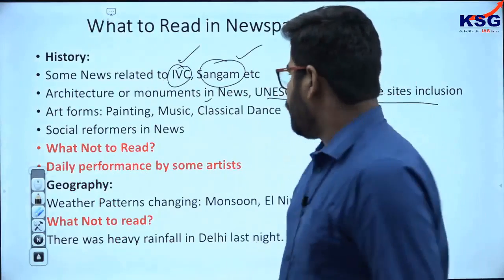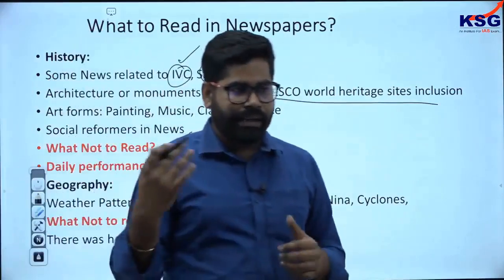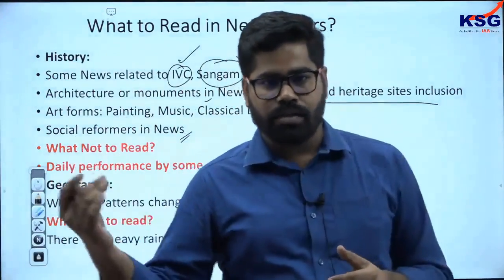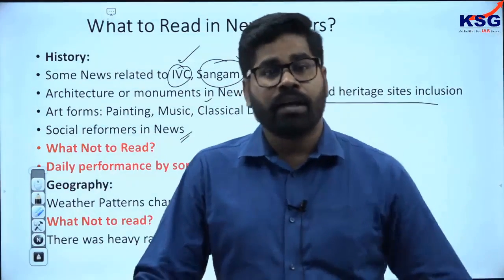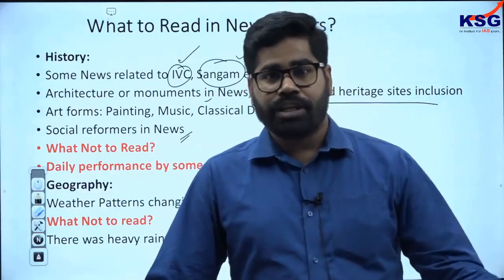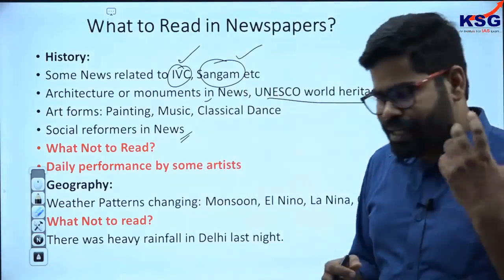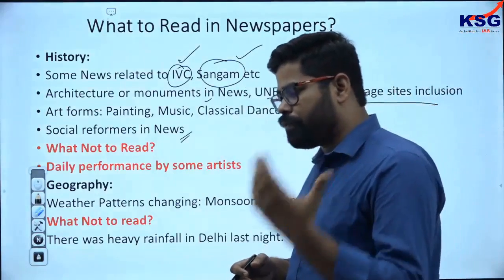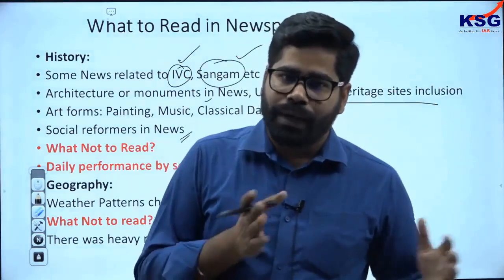Then suppose some social reformers are there, and many times we are celebrating their 100 years or 150 years or 200 years, like Raja Ram Mohan Roy, Rabindranath Tagore, Mahatma Gandhi, or Ishwar Chand Vidyasagar. If there is a 100th or 150th anniversary or anything like that, in that case they acquire significance.